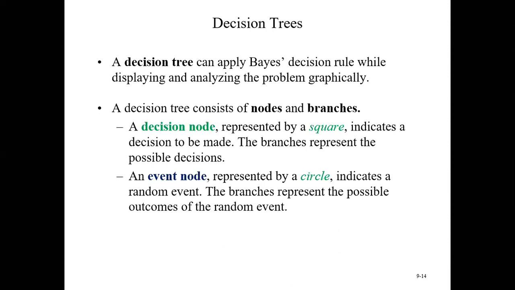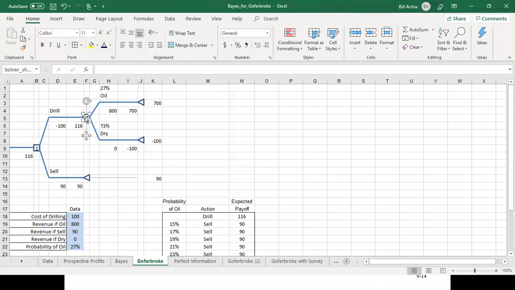But the event usually involves a probability because there are options available to you where you don't know the full outcome, and it's usually based off of that prior probability that you have, okay? So we have our event node here, which gives you the two options available if you decide to drill. You're either going to drill and find oil, or you're going to drill and end up with an oil well that has no oil, okay?